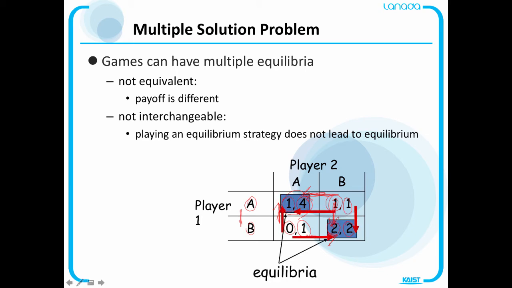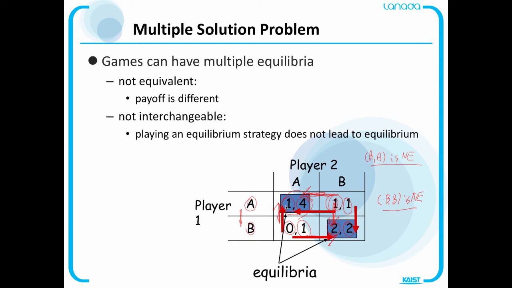Let's check why this is a Nash equilibrium using the definition as I mentioned before. You can easily check that. I claim that (A, A) is a Nash equilibrium, and also (B, B) is a Nash equilibrium. Why is that?